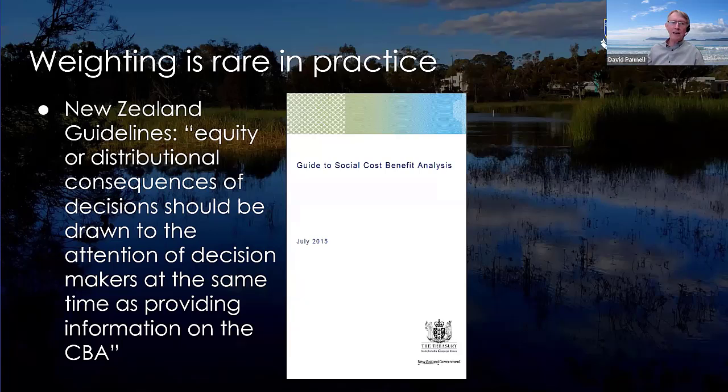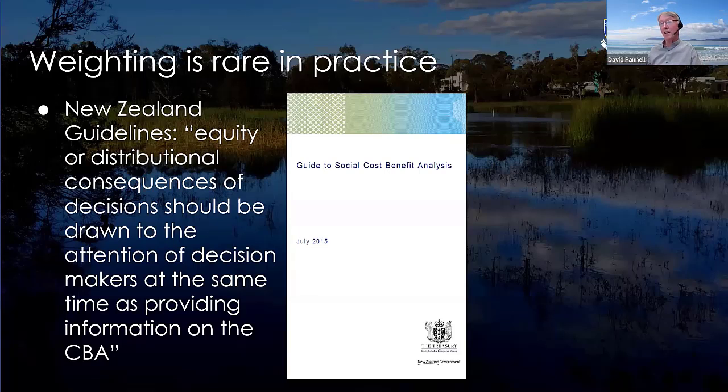I would observe that weighting is rare in practice, and often governments say that they don't really want it. Here's a quote from the New Zealand guidelines. Equity or distributional consequences of decisions should be drawn to the attention of decision makers at the time of providing information on the BCA. And that's it. They just say, draw our attention to it.